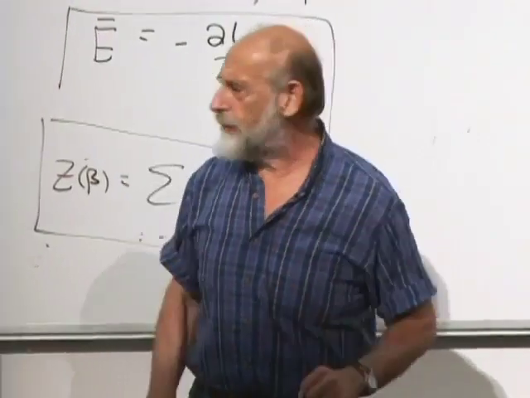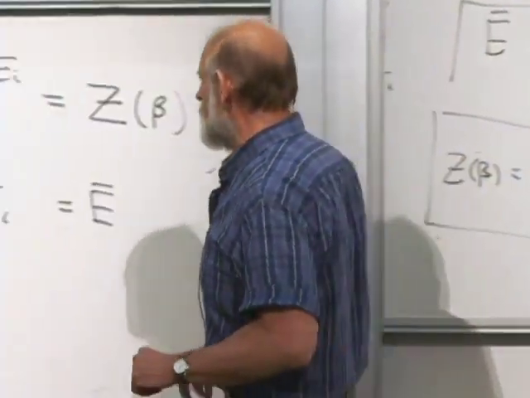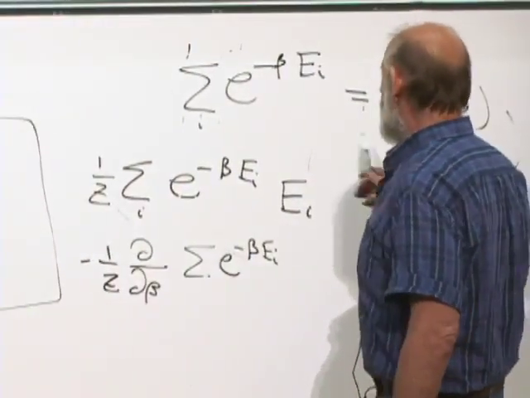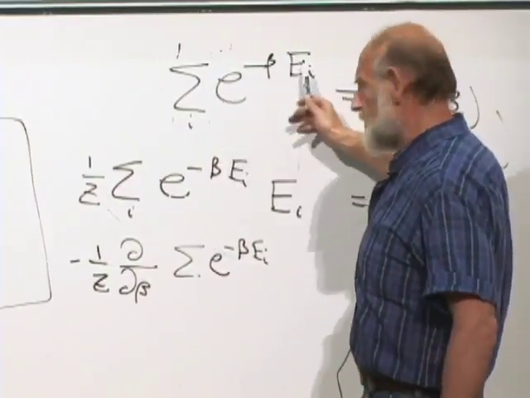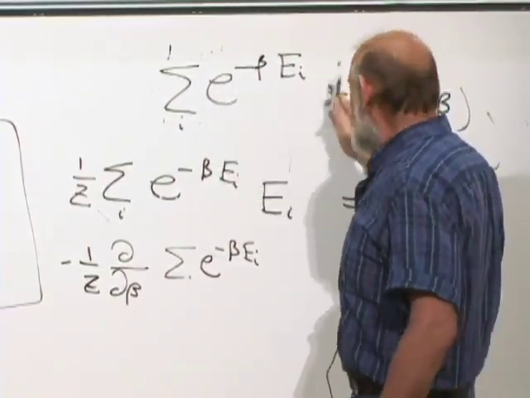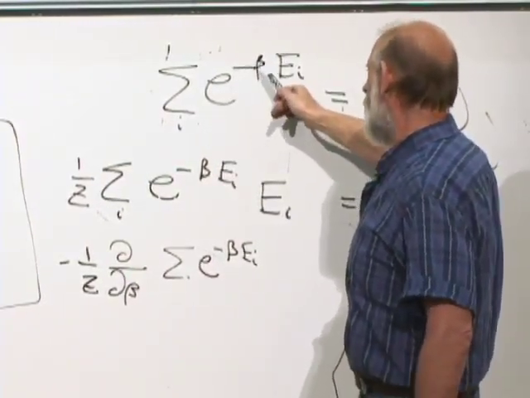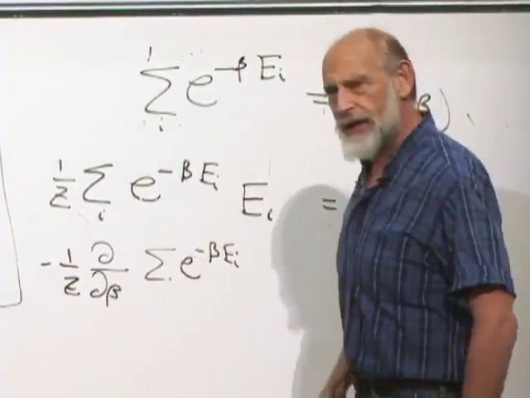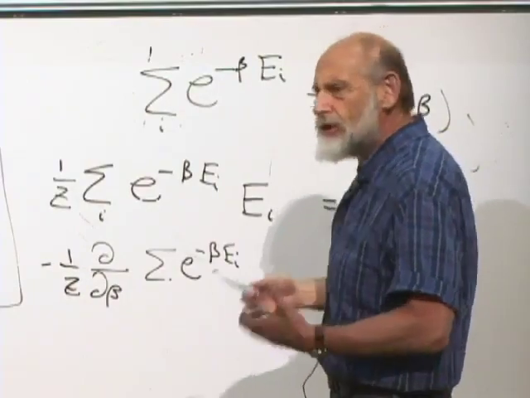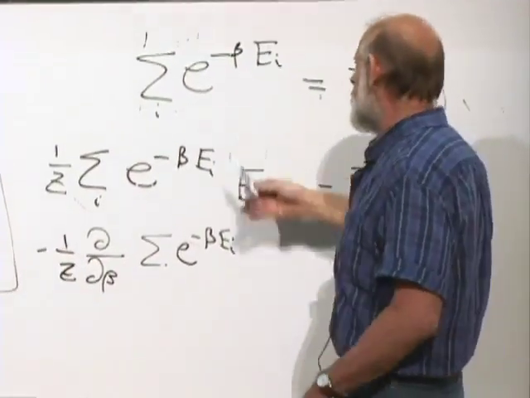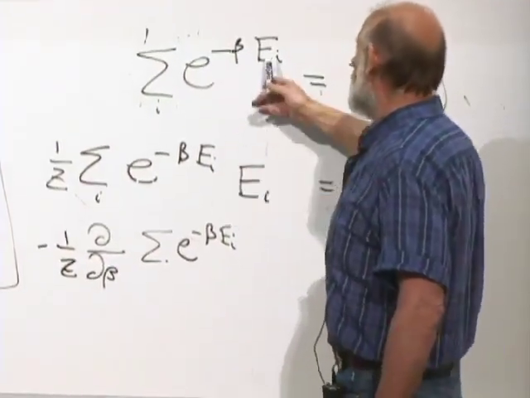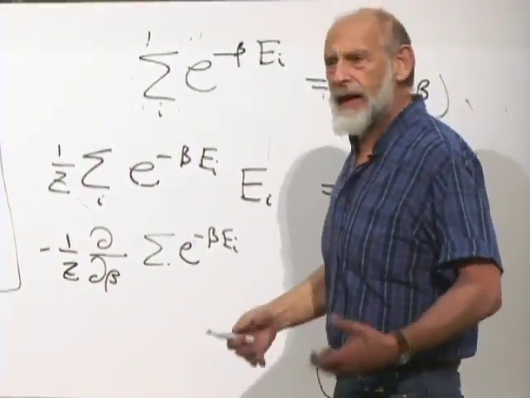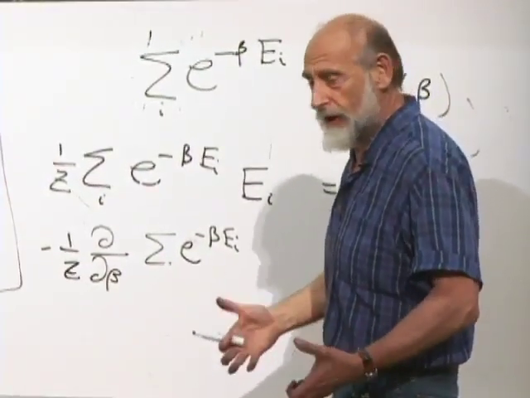Before I tell you its name, let's just notice Z is not itself actually a single exponential, but it sort of looks like an exponential of beta times energy. If I take the logarithm of Z, I expect it to at least have units similar to beta times some kind of thing that has units of energy.